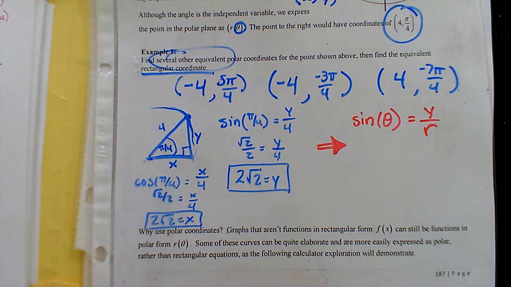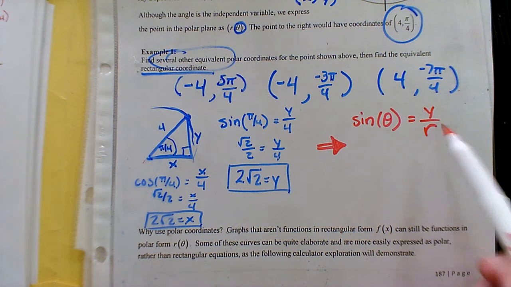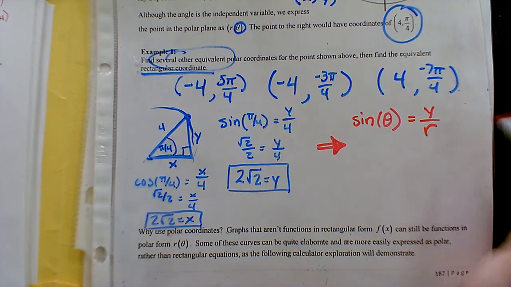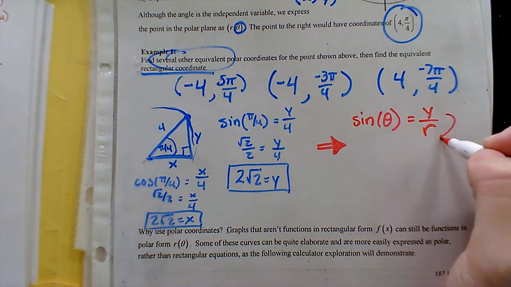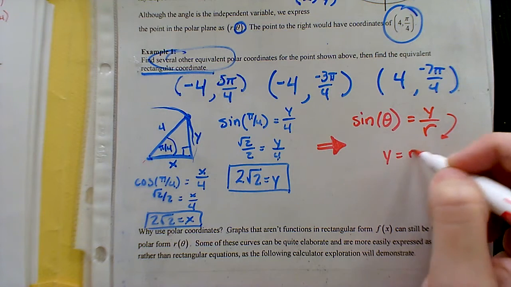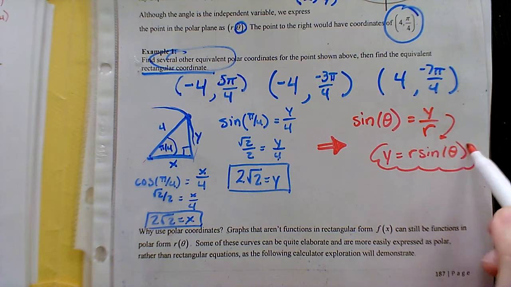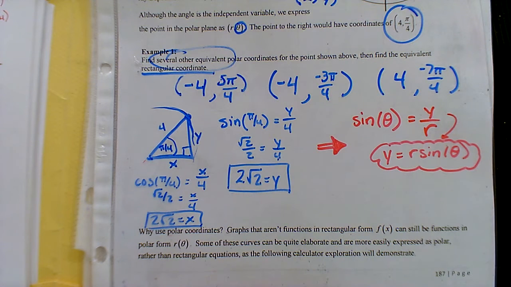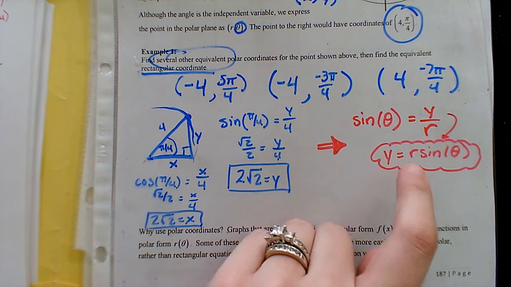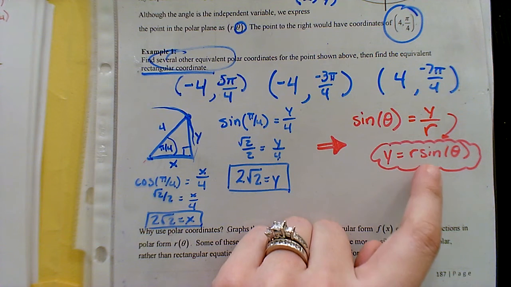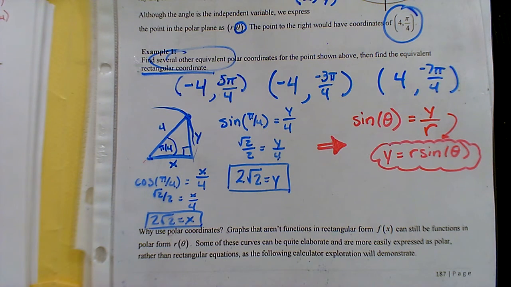But if I were to ignore the pi over 4 and ignore the radius of 4, I can just substitute those with theta and r. Notice how I could solve this for y, and I get y equals r sine of theta. That's going to be a little shortcut for us in these next two sections. So if we're trying to figure out a y-coordinate, we can simply take the radius times the sine value of that angle.